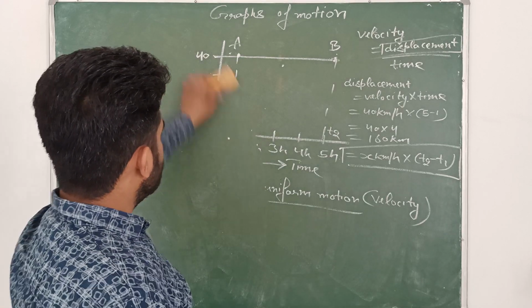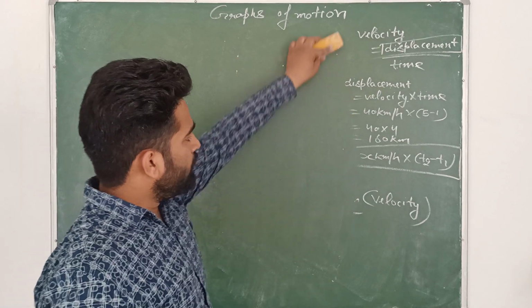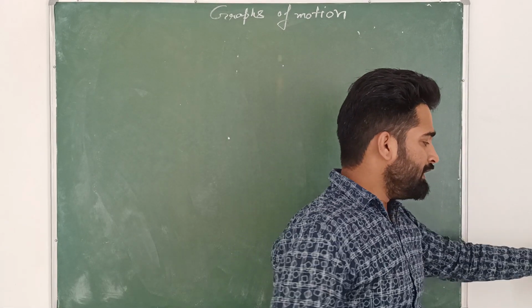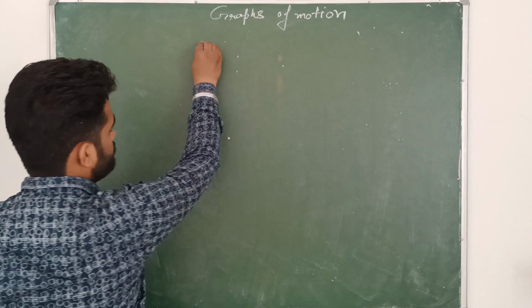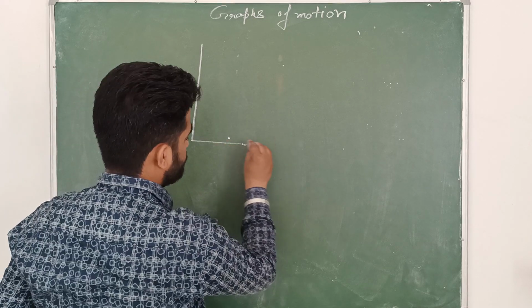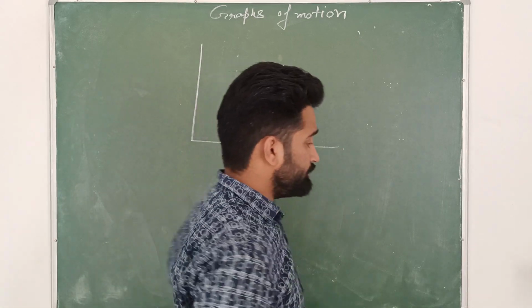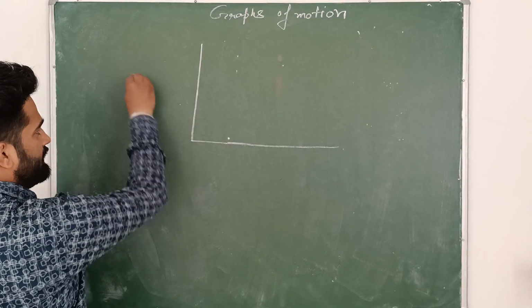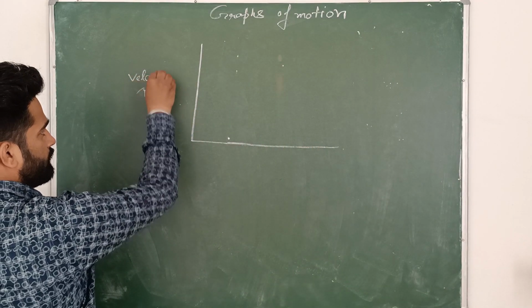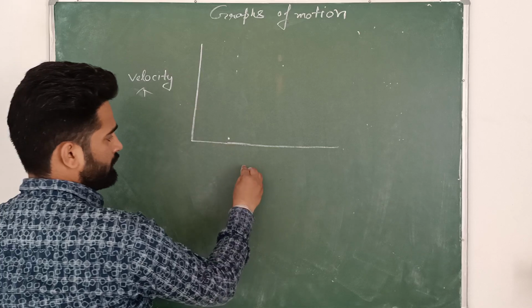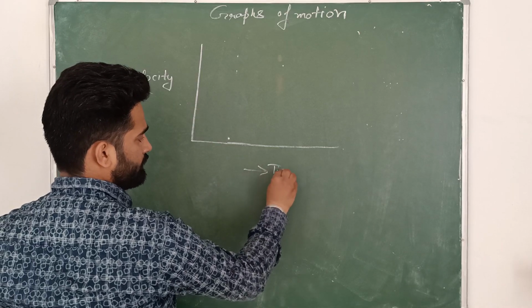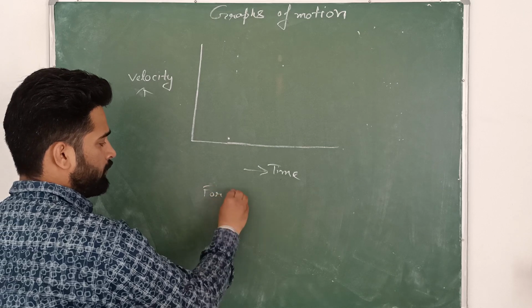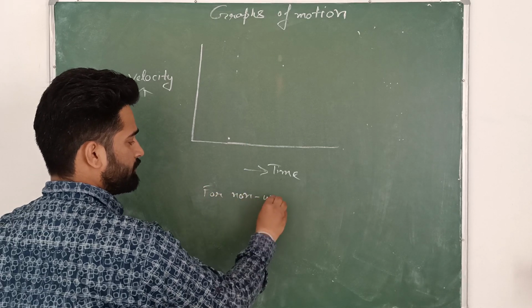The second type of graph is for non-uniform motion. What will be its nature? Write velocity here and time here.